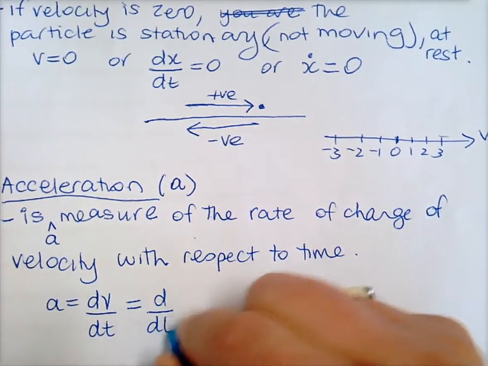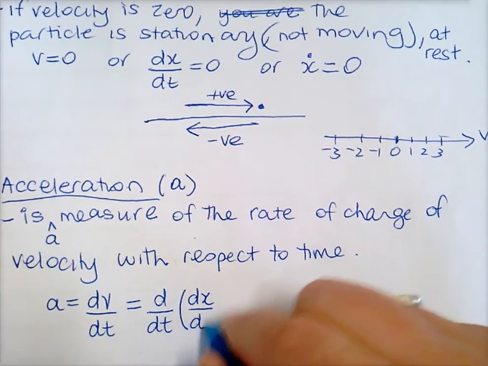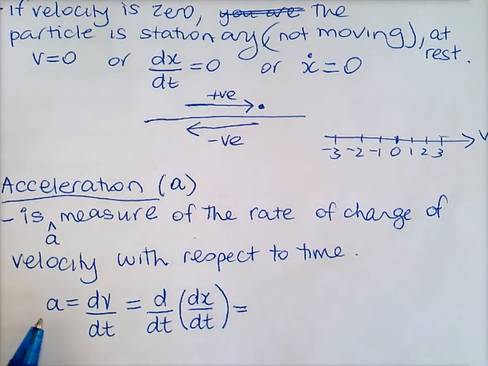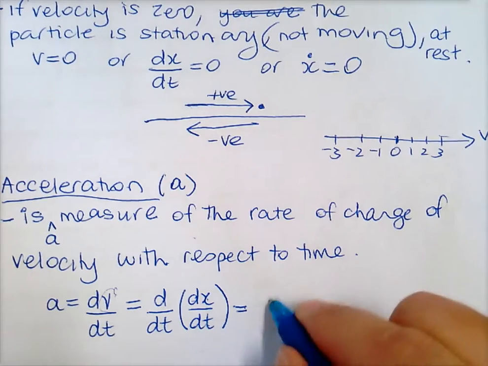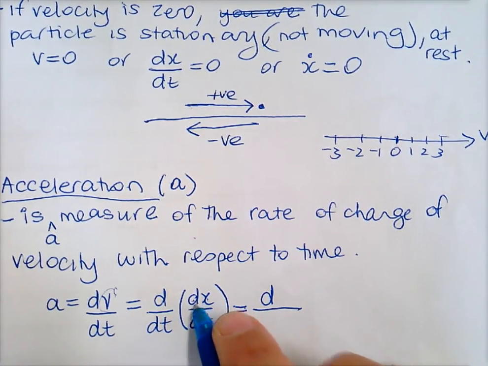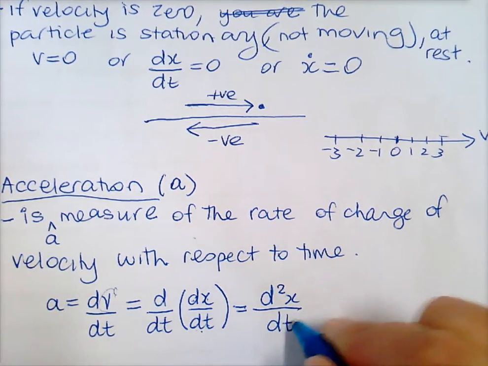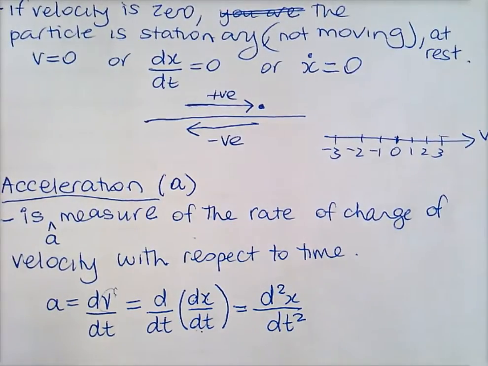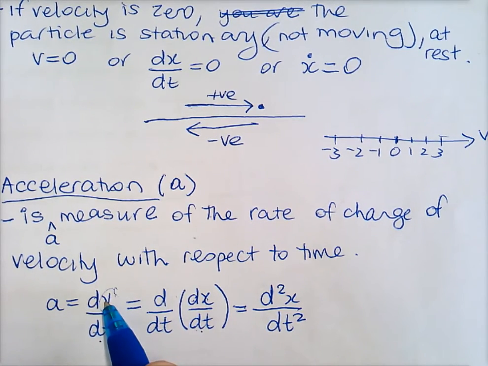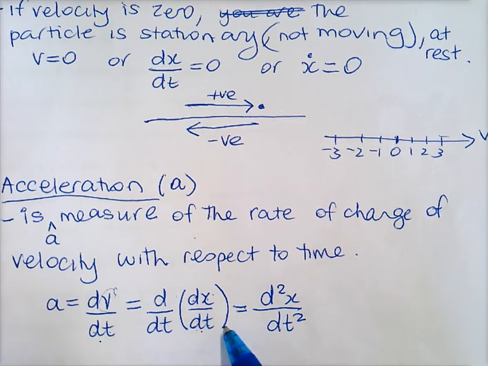Now we know that v is dx/dt, so a is dv/dt. Now I'm replacing this v with dx/dt, so therefore can you see that you've got d squared x over dt squared? Where did you get the d over dt? Because I've written d by dt and I've replaced v, which we know is dx/dt, so I've kept the d by dt.